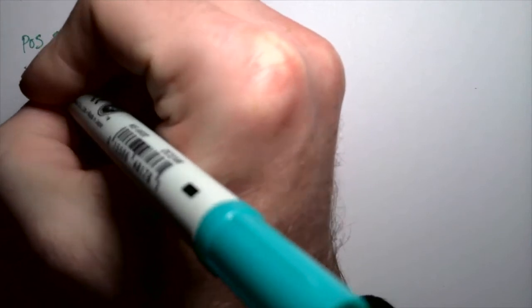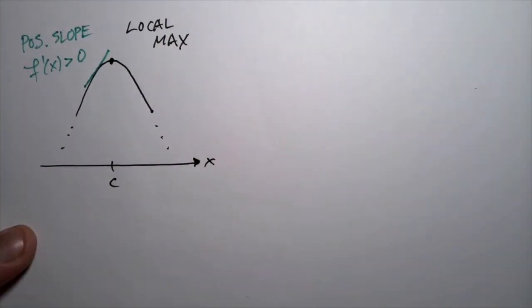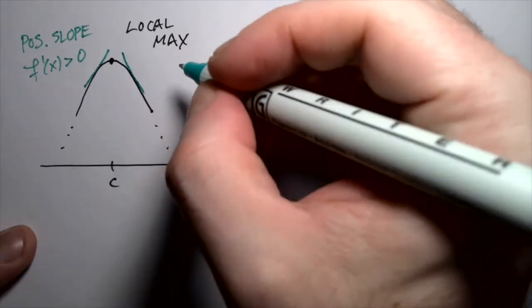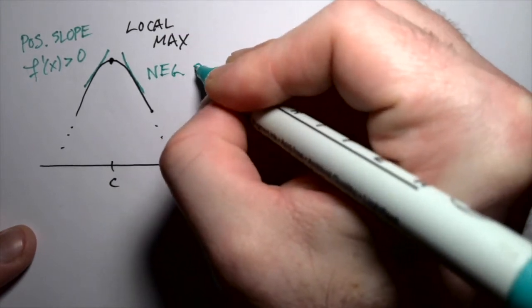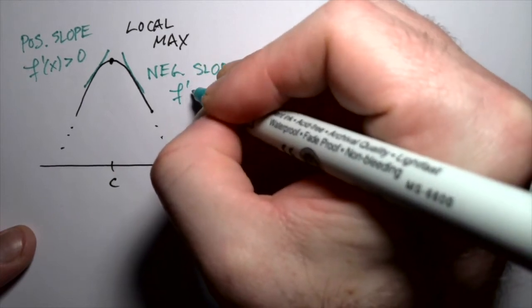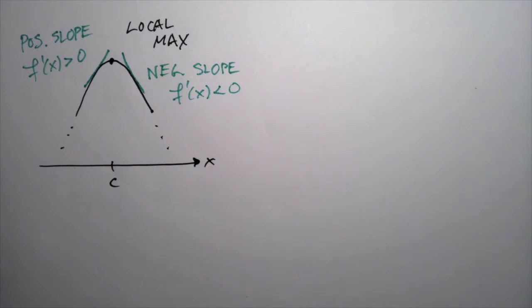That means that the derivative here is positive. On the other side of the local maximum, the tangent line is decreasing. We have negative slope at those points. The derivative is negative. And what happens right at the top of the mountain, at the local maximum?